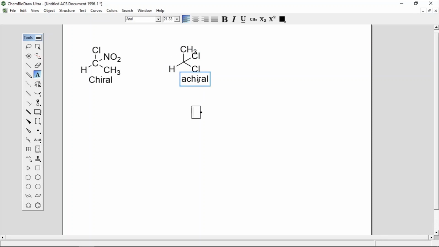So this compound is called achiral because it doesn't have a chiral carbon, and this compound will be optically inactive. And you know that only a chiral molecule rotates the plane polarized light. An achiral molecule will not rotate the plane polarized light in any direction.